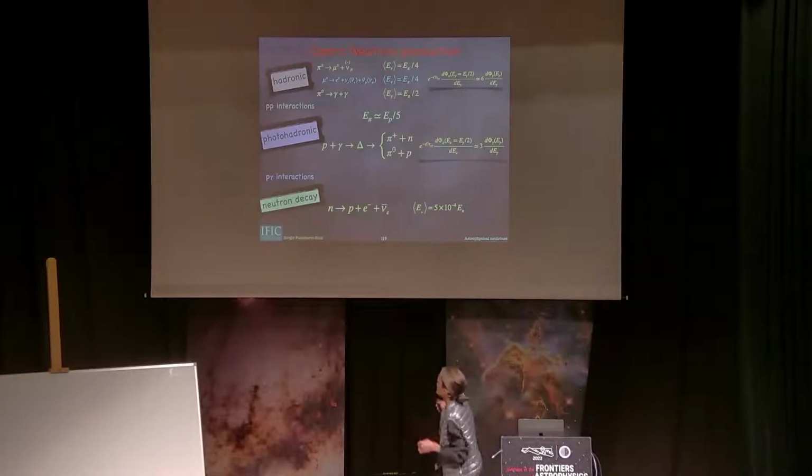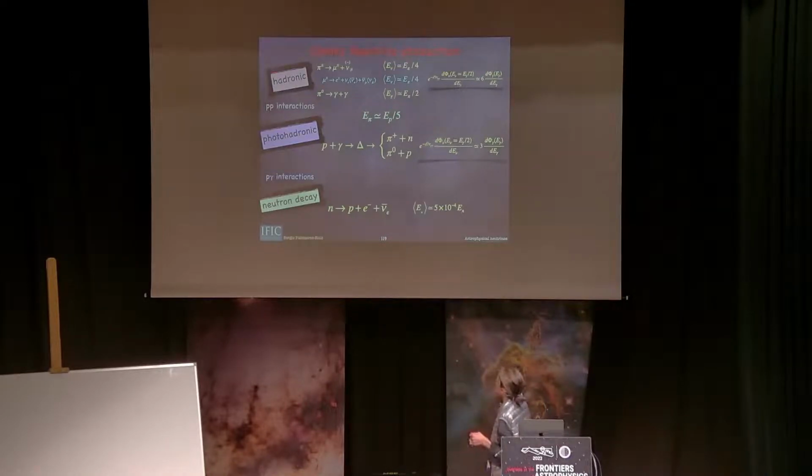So we have hadronic, photohadronic, or neutron decay processes. In hadronic proton-proton interactions, what happens is that charged pions, neutral pions, and also muons are produced. And these are the ratios of the energies related to the pion energy. In this process, the neutrinos get roughly a fourth of the pion energy.